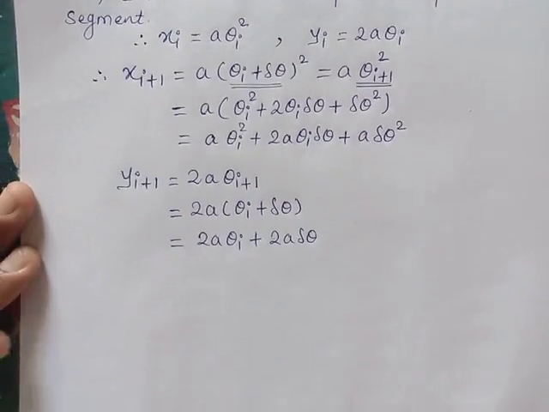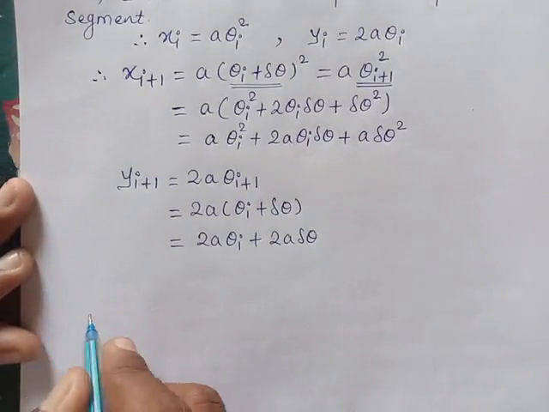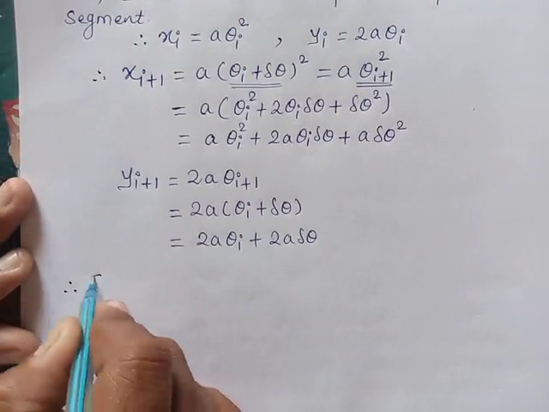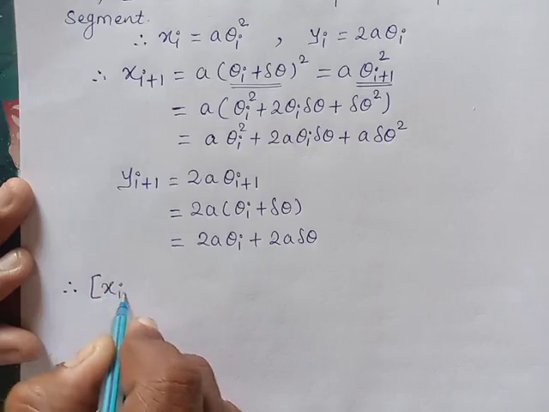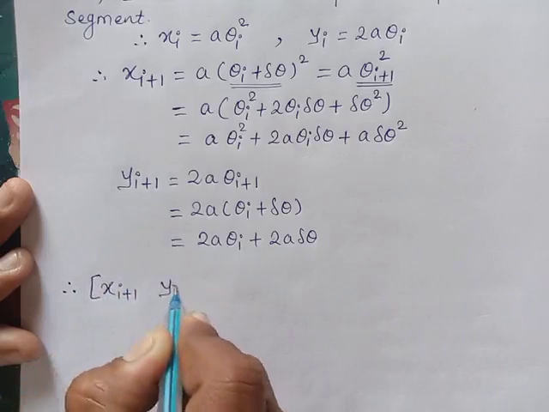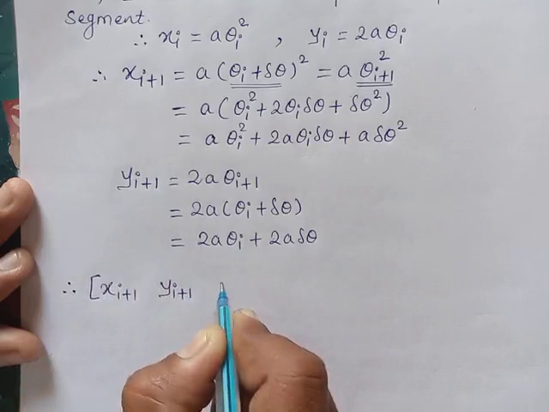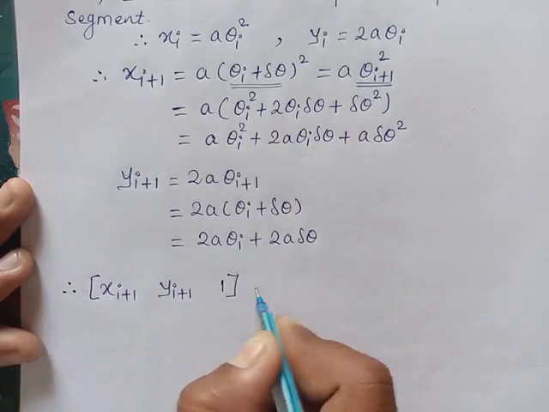Now let me write this as a point. So it will become xi plus 1, yi plus 1, and suppose homogeneous coordinate 1.